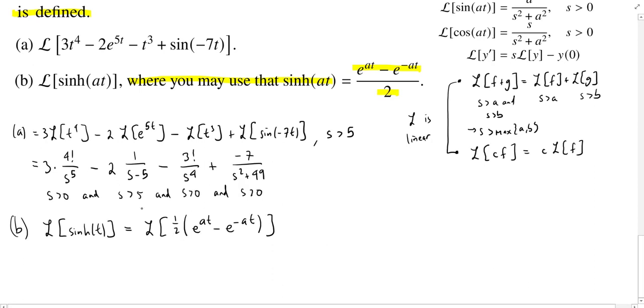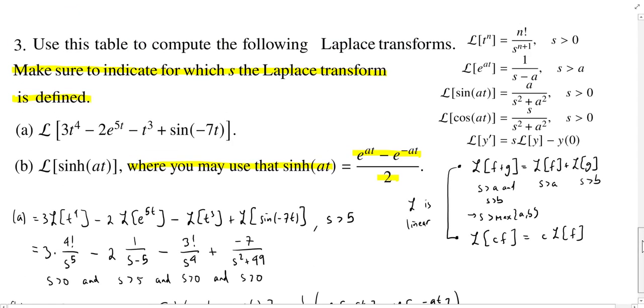If I pull the half out, then what do I have? Well, I have a Laplace of a difference, so I could break that up. I could have the Laplace of e to the at minus the Laplace of e to the negative at. And now I can just go back up.